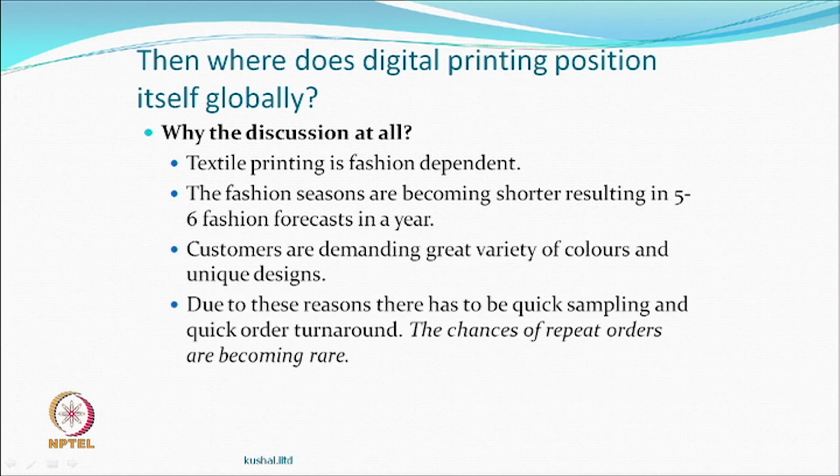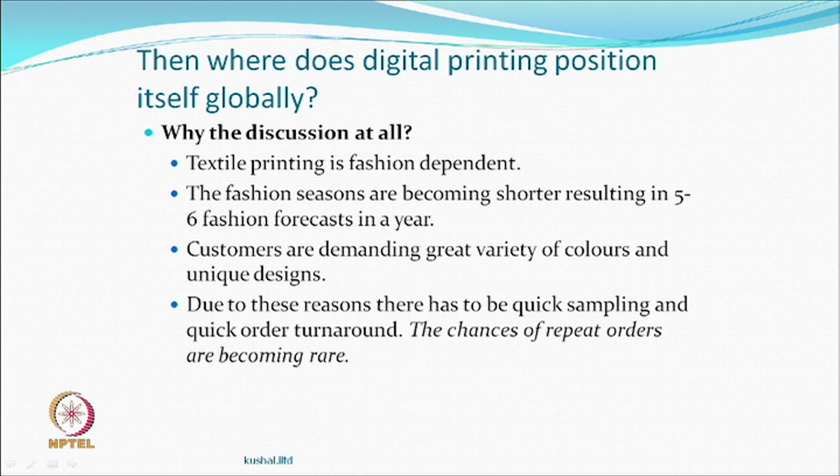Unique designs, great variety. Now, somebody says, well, I want this print only for myself. For example, your own photograph on your t-shirt. So, that means there is not much of an order. You can't make a screen or rollers just for that, or somebody just prefers a design and says nobody else should get this design, or I want the next one to be very different.